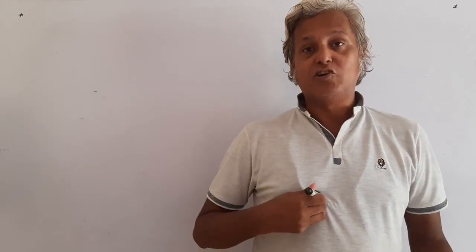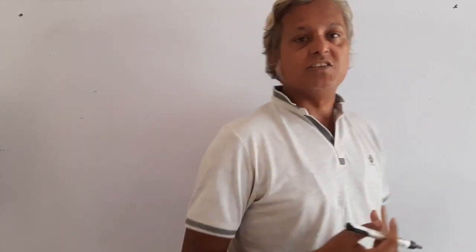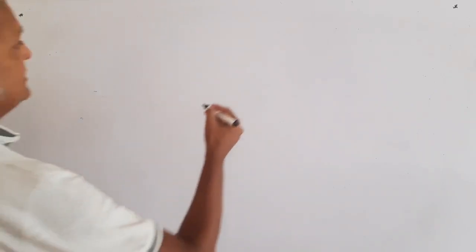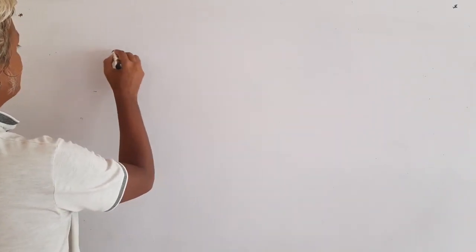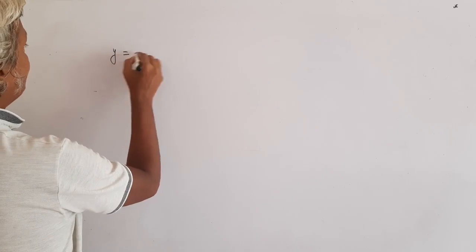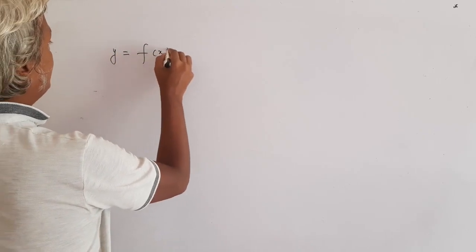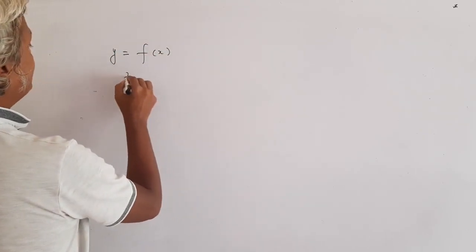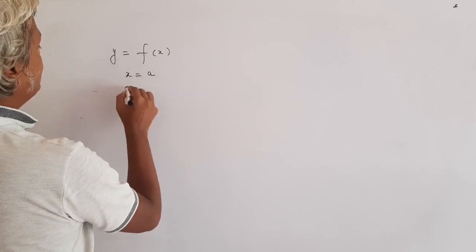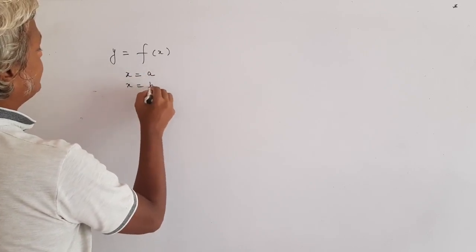So first I would like to give you a little briefing about how this application works, and then we'll start solving questions. Suppose you are given a function y equal to f(x), and you have to find the area between x equals a and x equals b.